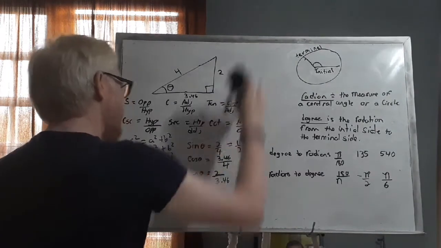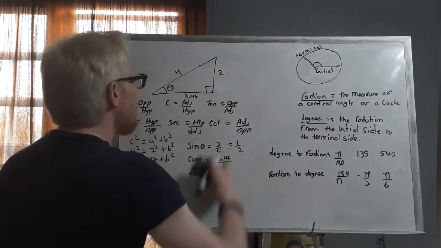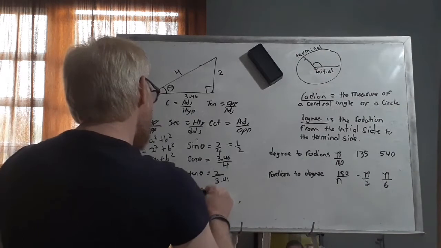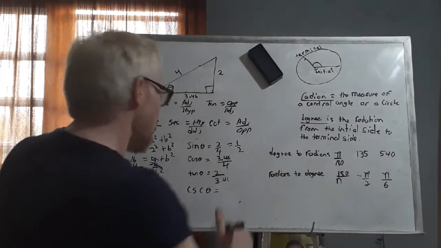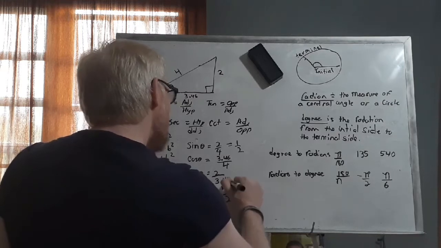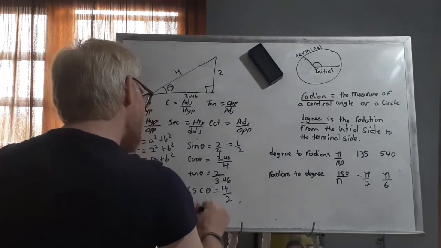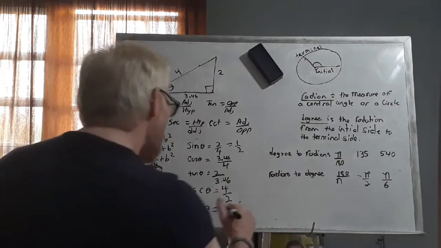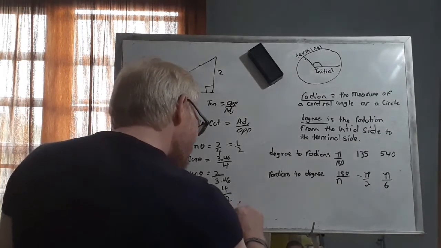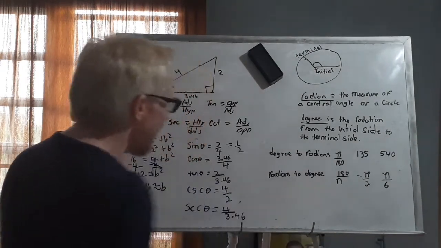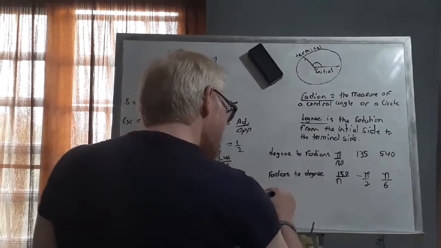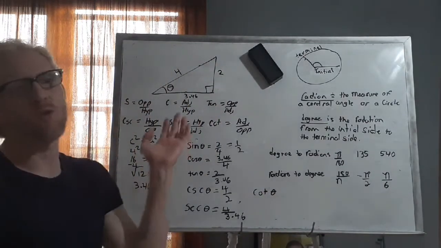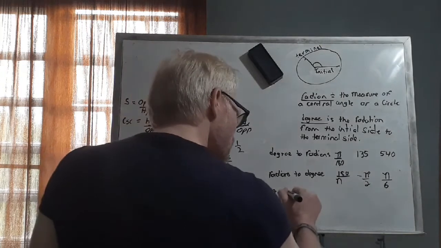The cosecant is the hypotenuse over our opposite. So the cosecant of z is actually 4 over 2, which is 2. The secant of z is our hypotenuse over our adjacent, which in this case would be 4 over 3.46. And our cotangent, which is the reciprocal of our tangent, would be adjacent over opposite, which would be 3.46 over 2.